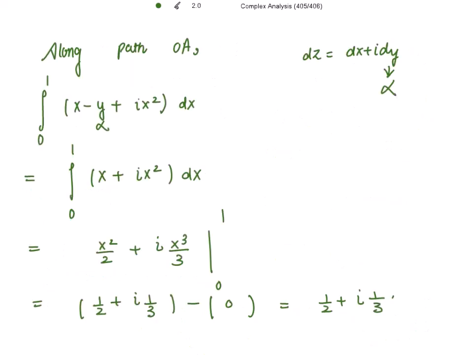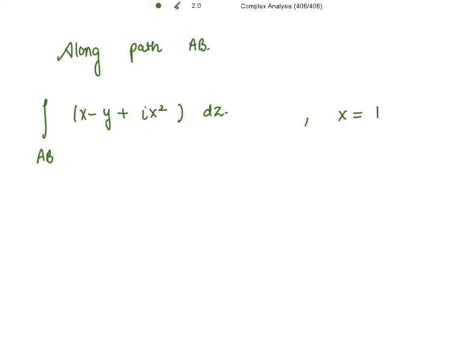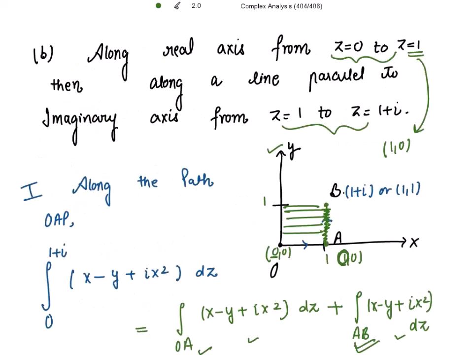So for this you have to take x equal to 1, so dx becomes 0, and the integrand becomes x, that is 1, minus y plus iota, and dz becomes dx plus iota dy. So dx is 0, we write iota dy, and now we have to put the limits for y. The limits of y are from 0 to 1.